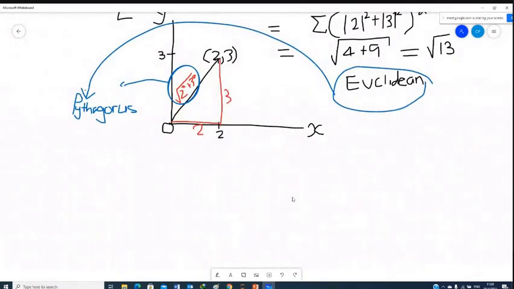So let's talk about the difference. You guys did regression analysis, yes?